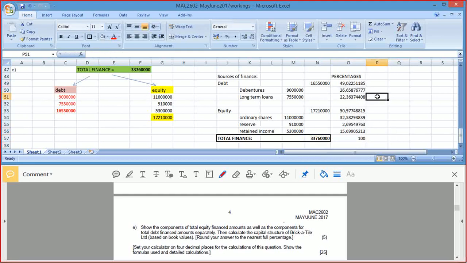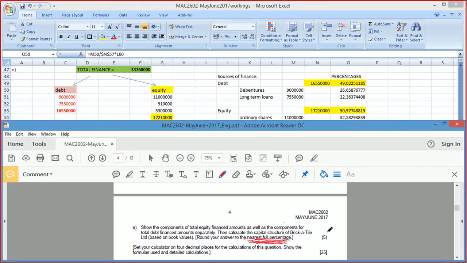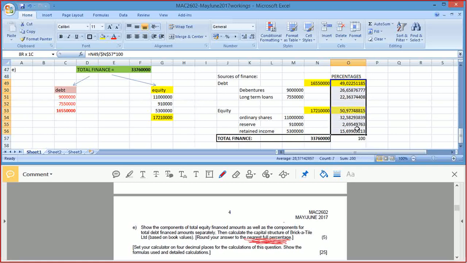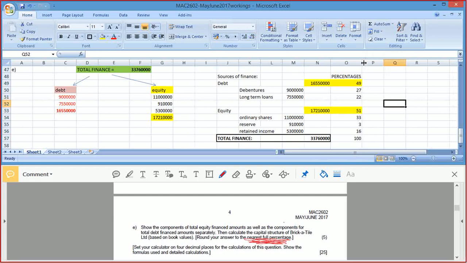You see all of these, this plus that will give you the total. Do you see that? Yes, sir. Obviously the debentures make up 26% of the financing. Did they say round your answers to the nearest full percentage? Read the question. They say nearest full percentage, so all of these figures need to be rounded off.